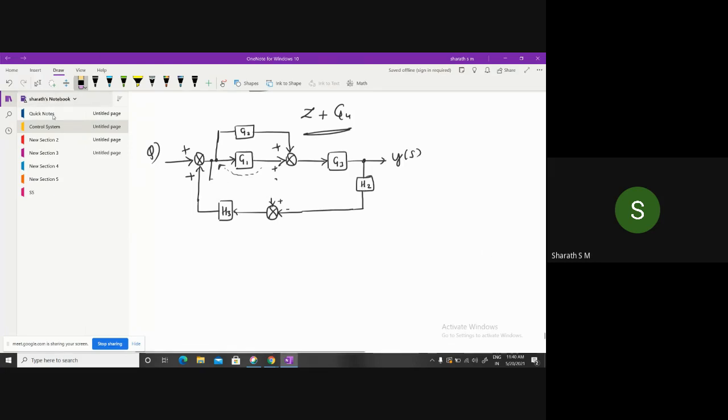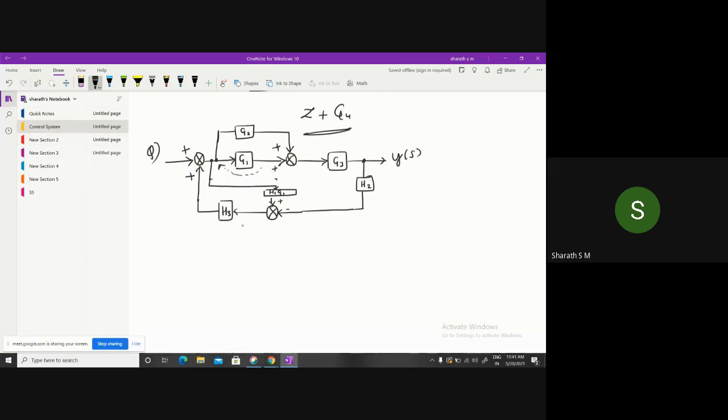That is H1 into G1. So here we have a product format as H1 into G1. Write down. So this is the first step.